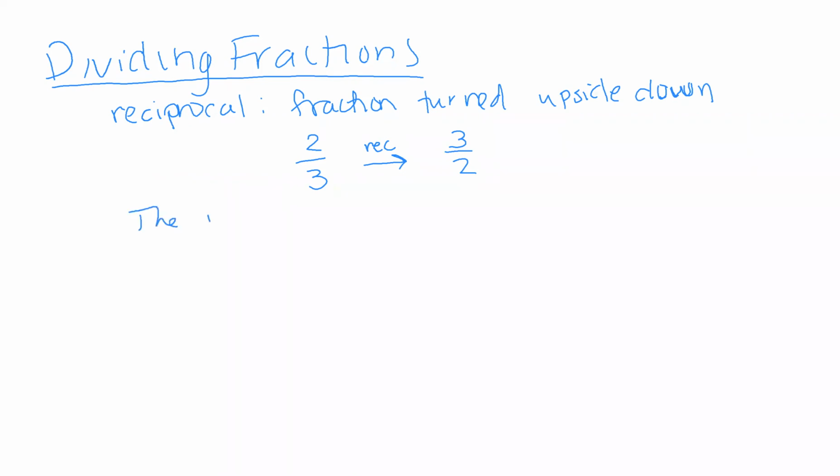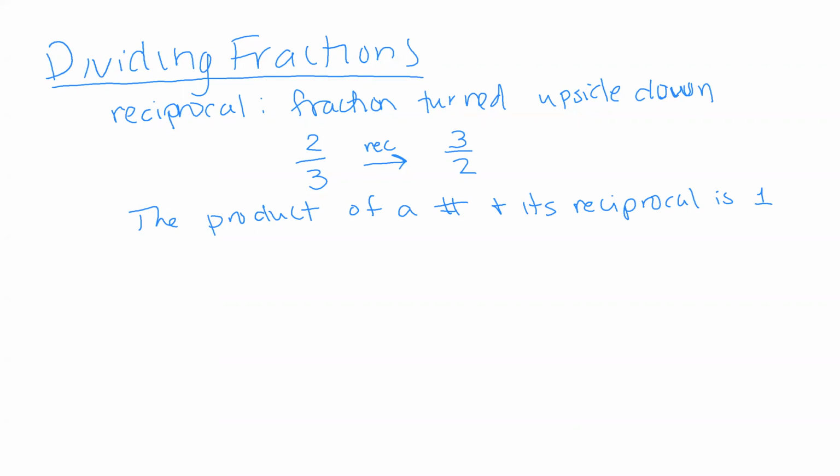The product, and this is just extra information, the product of a number and its reciprocal is 1. Back in previous videos when we talked about properties of whole numbers, one of the properties that didn't come up was this property right here.